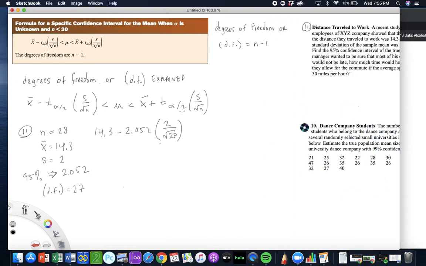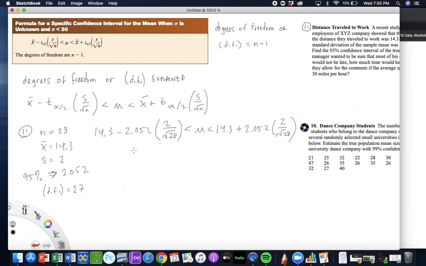The degrees of freedom only takes place when we look at the chart. Then we just copy the same thing, 14.3, and this time I'm not going to forget to make that a plus 2.052 times 2 over the square root of 28. So, like I said, a very similar process to what you just did in 7.1.